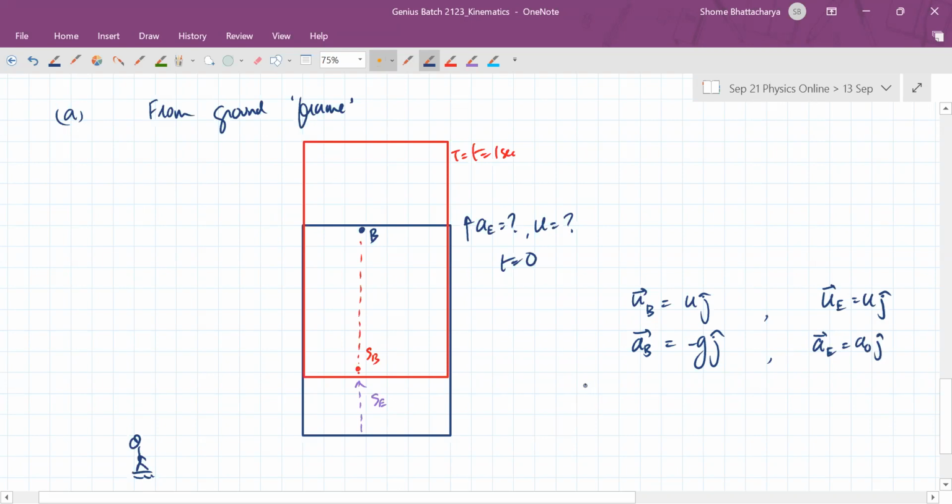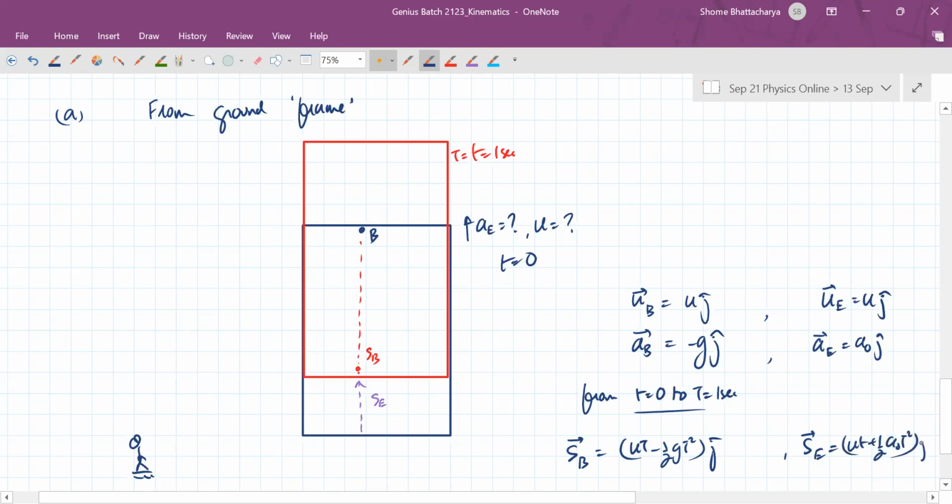So from t equal to 0 to capital T equal to 1 second, the displacement of the bolt will be ut minus half g t square j cap, and the displacement of the elevator will be ut plus half a naught t square j cap.